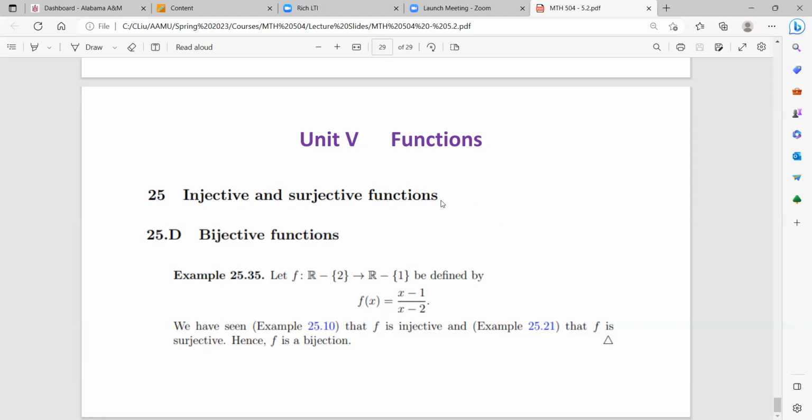If you draw the horizontal lines, for all the horizontal lines in the range, I'm sorry, it intersects the curve exactly once, right?